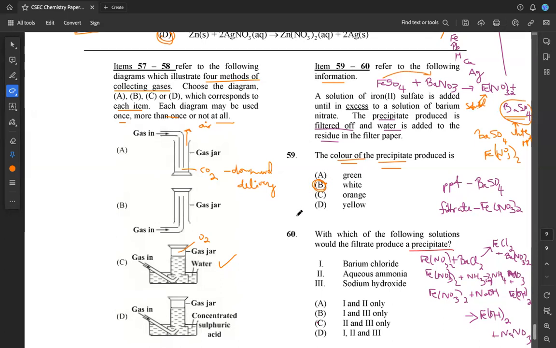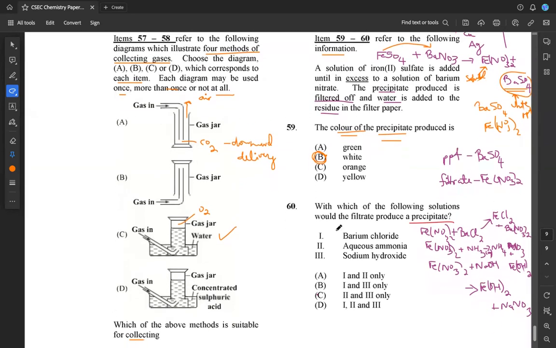Okay? All right. So if the barium sulfate is our precipitate, that means that our filtrate was the iron 2 nitrate. So 60 says, with which of the following solutions would the filtrate produce a precipitate? So this is our filtrate. So when the filtrate reacts with which one of these, will it form a precipitate?